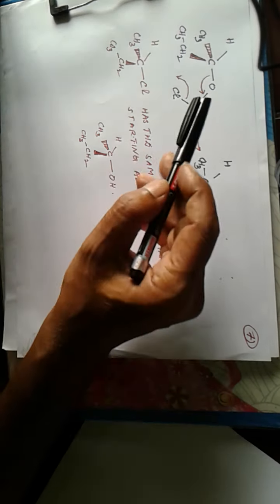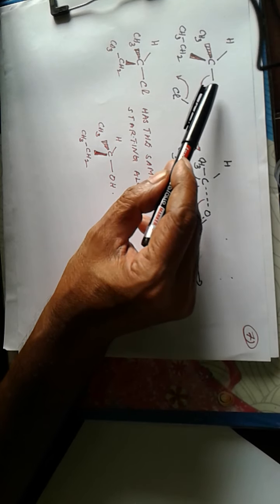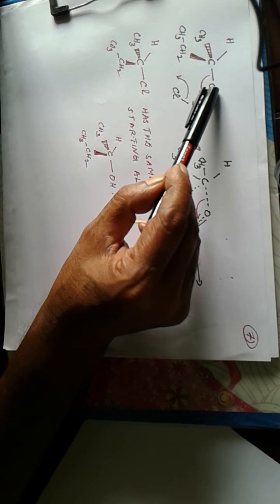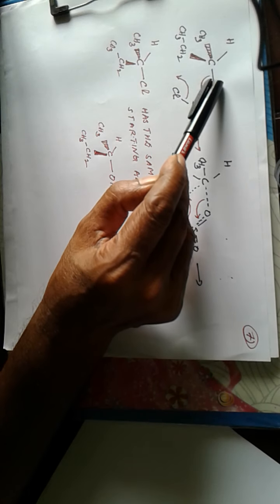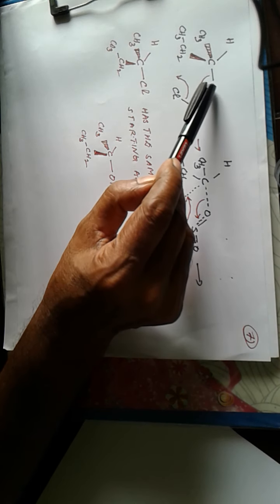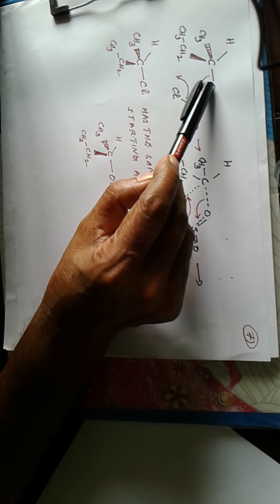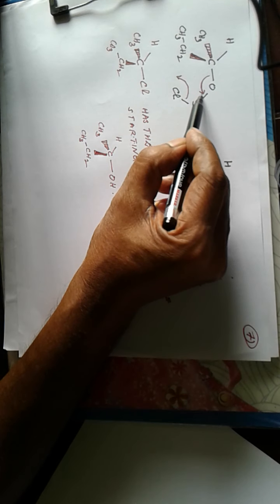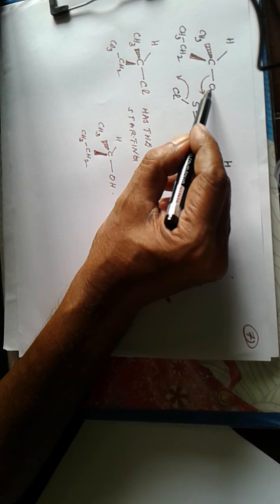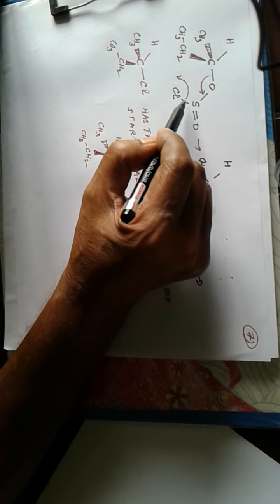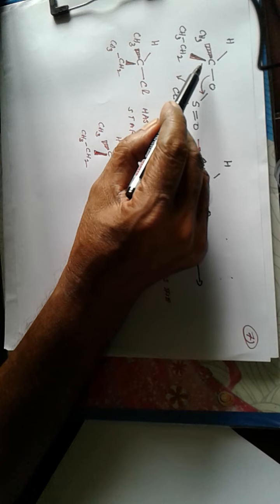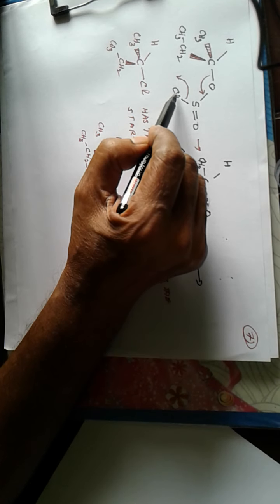Now let us see a complete mechanism for an asymmetric alcohol forming the condensation product with thionyl chloride. So this particular alcoholic part combining with the thionyl chloride produces this particular compound. Now this bond will be shifting towards the direction between sulfur and oxygen, and this bond will be shifting in between this carbon and this chlorine.